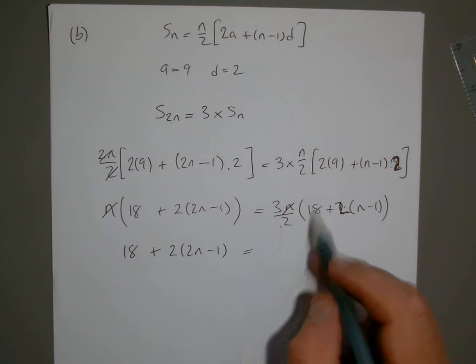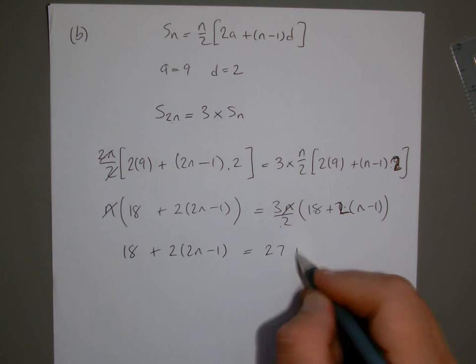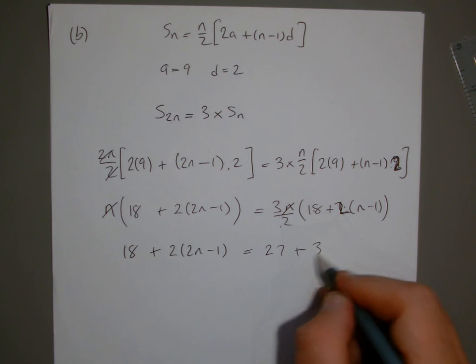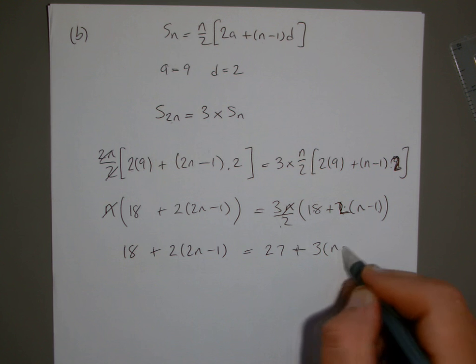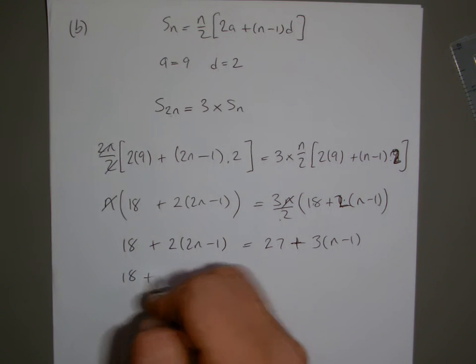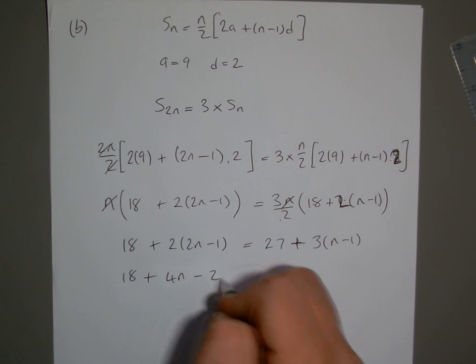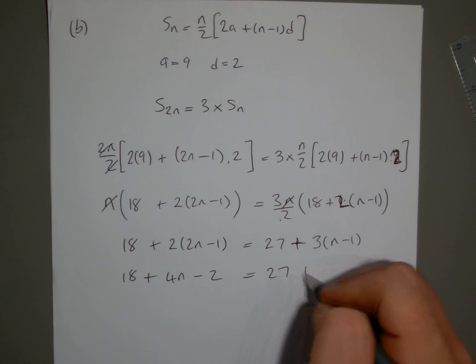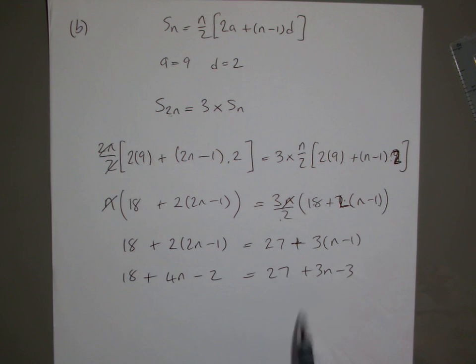So 3 over 2 times 18 is 27. 3 over 2 times 2 is 3, n minus 1. Let's multiply the bracket. 18 plus 4n minus 2 equals 27 plus 3n minus 3.